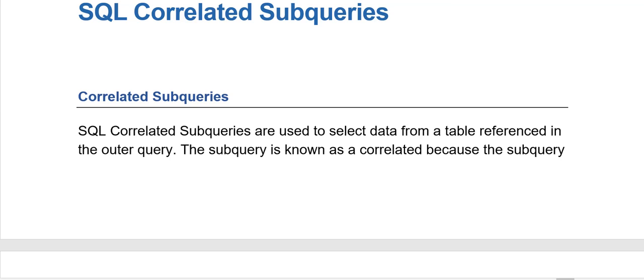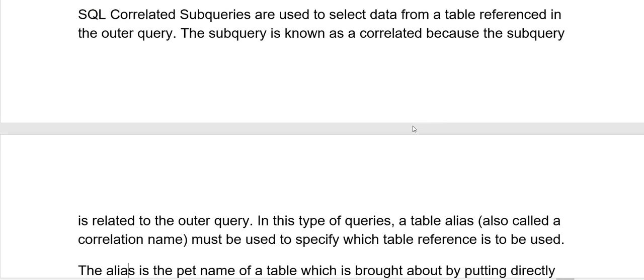Now we are going to see correlated subqueries. SQL correlated subqueries are used to select data from the table referenced in the outer query. The subquery is known as correlated because the subquery that you see here is related to the outer query.